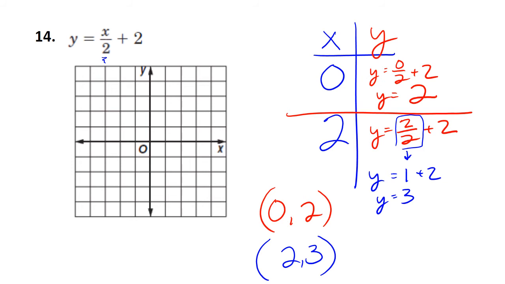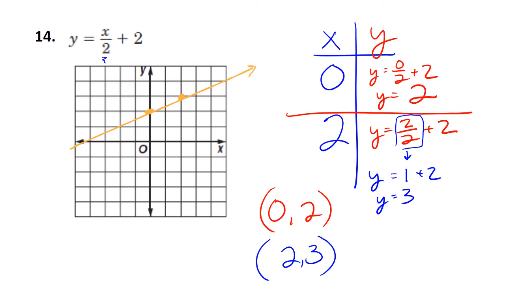So I have 0, 2 is going to be right there, and then I have 2, 3. So I go to the right 2, 1, 2, and then I go up 3. So I got my 2 points here, and I have my handy dandy straight edge, and I'm going to draw my line there.